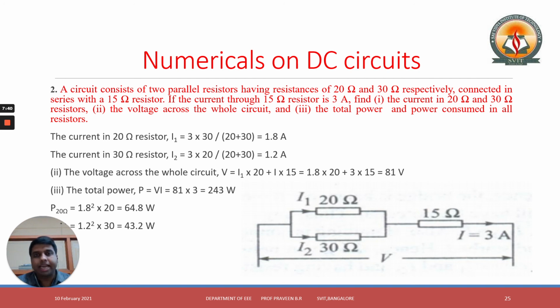Power in 30 ohm can be calculated by using I2 squared into R2. So 1.2 the whole squared into 30 is 43.2 watts. Power in the 15 ohm resistor can be calculated by using I squared into R, where I squared is 3 squared and the value of R is 15. So 9 into 15 is 135 watts.